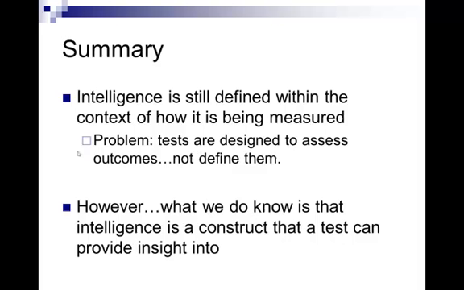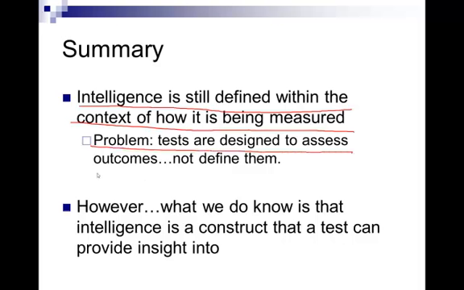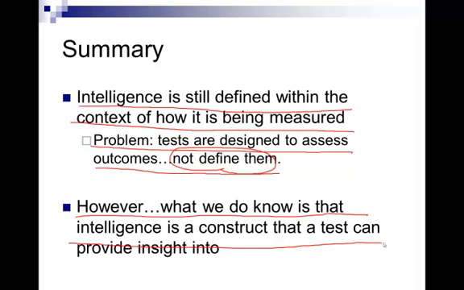So, to summarize, intelligence is still defined within the context of how it's being measured. Now, the problem we have with that is that tests are designed to assess outcomes, obviously, not to define them. We kind of need a whole different approach to be able to define outcomes. However, what we do know is that intelligence is a construct that a test can provide some insight into. We can test to see what a person does know.